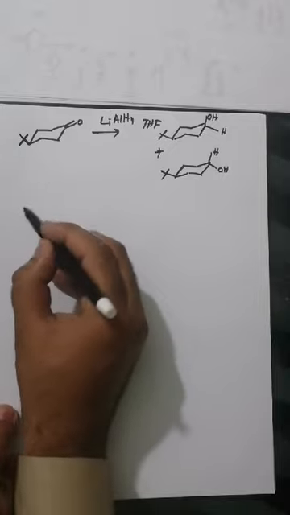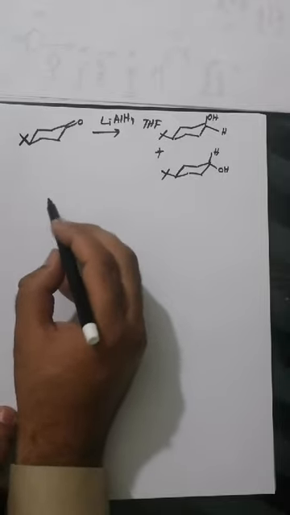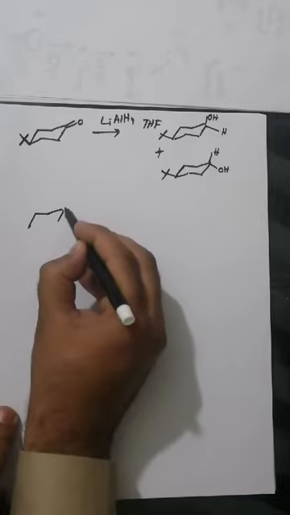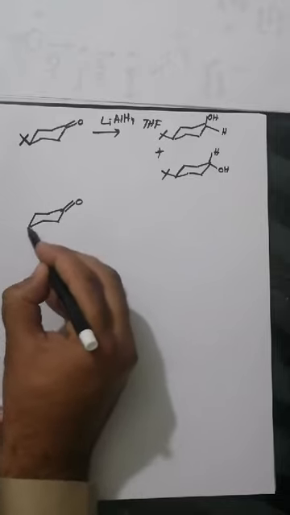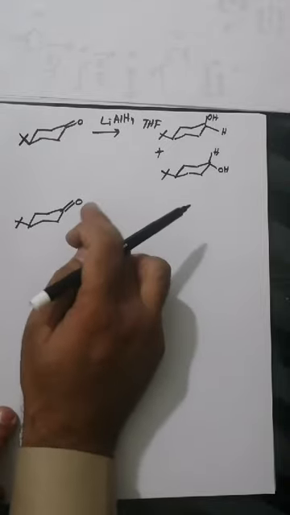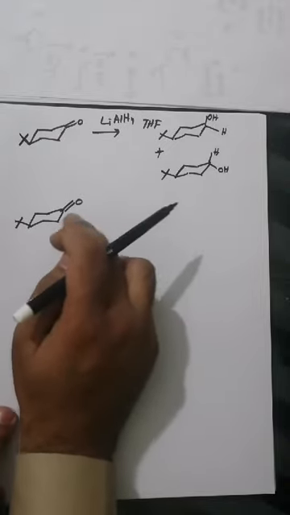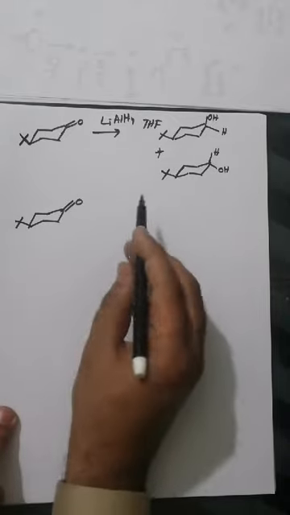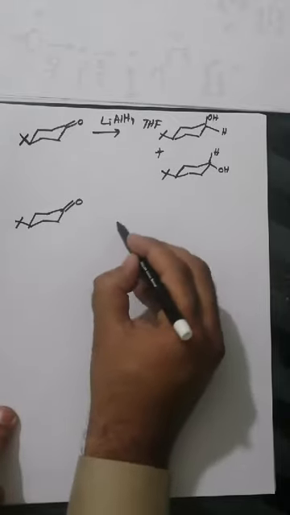Now let's discuss by writing the mechanism of this reaction. Since this polar carbon-oxygen double bond has two faces, and lithium aluminum hydride will release hydride as a nucleophile.